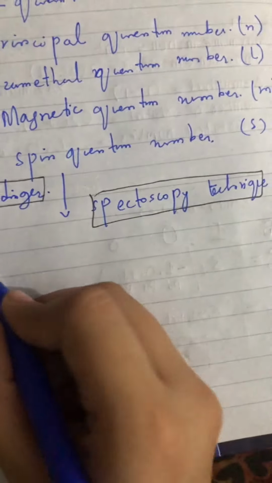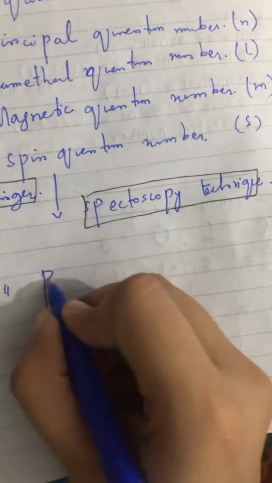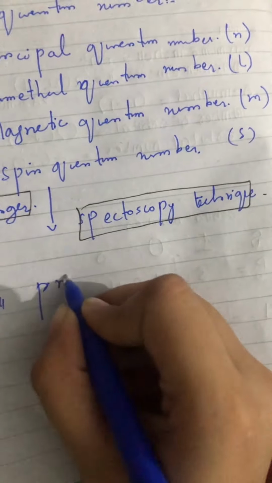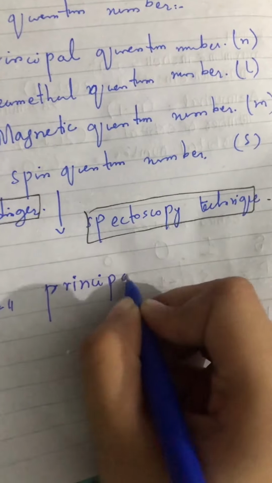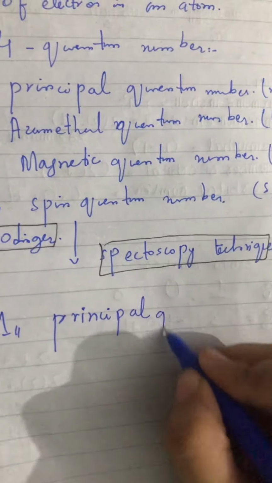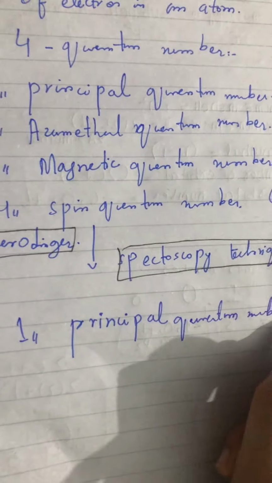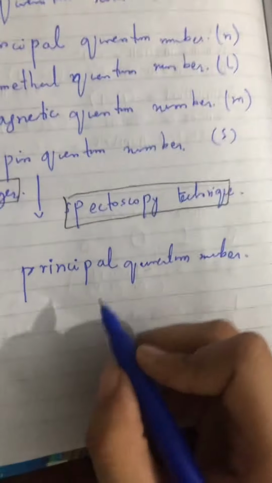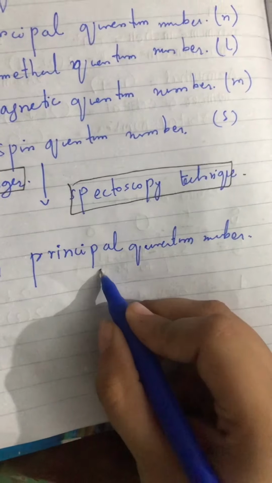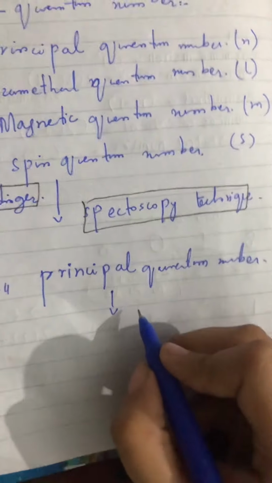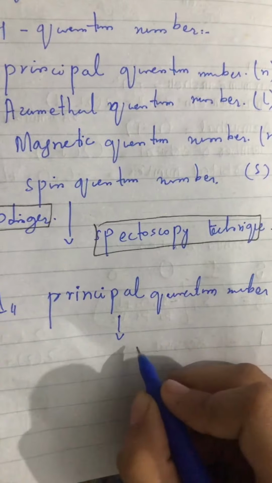If we talk about number 1, principal quantum number. Basically, principal quantum number gives an idea about the shells.